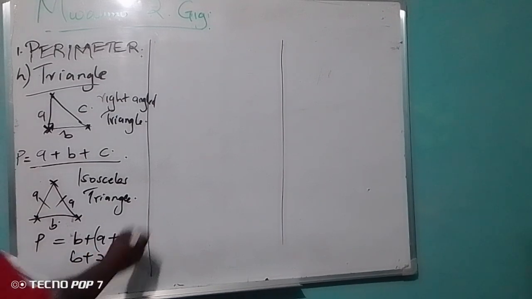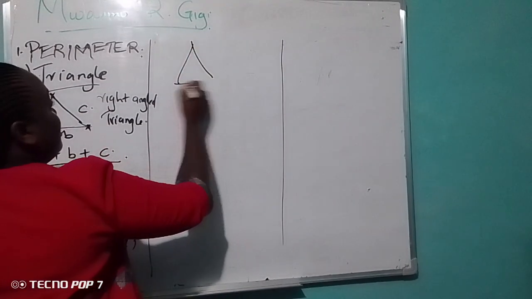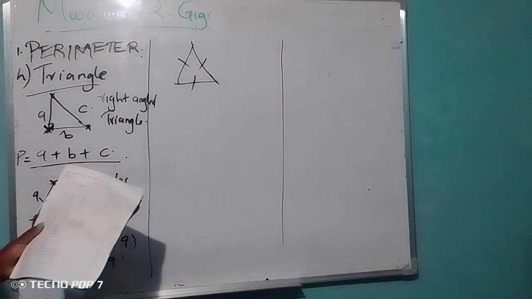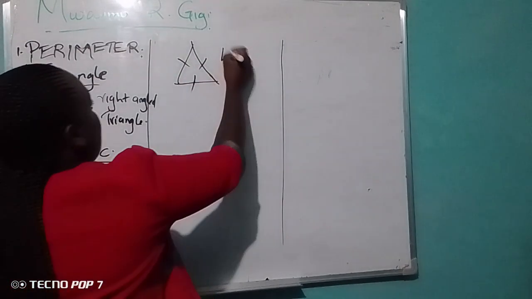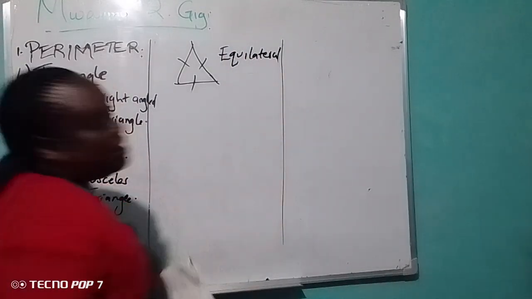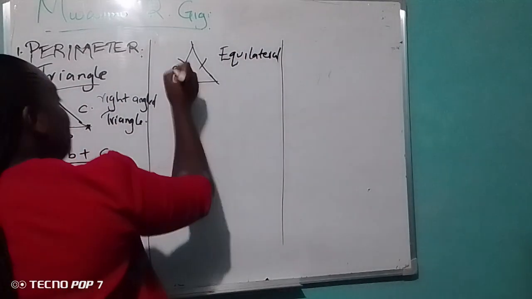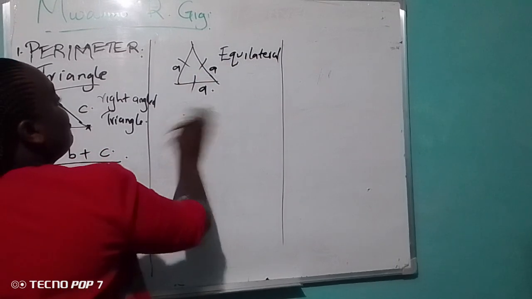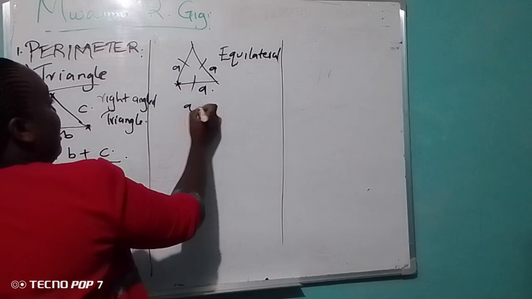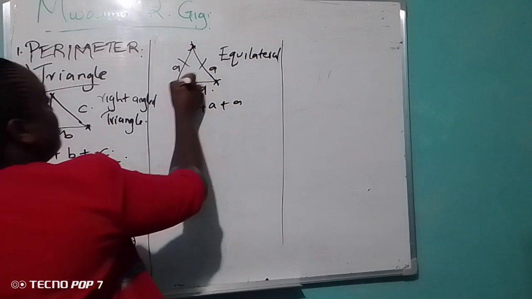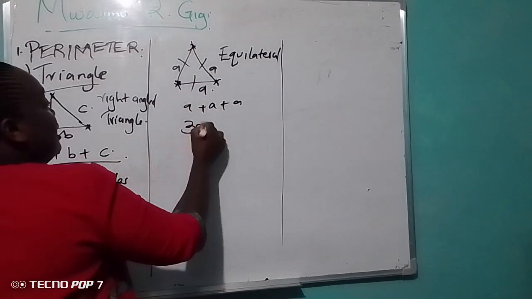Sawa sawa. And ya mwisho inaitwa equilateral. All sides are equal. So if this is A, that will be A, that will be A. So it's 3. Mtu atashangaa nimetoa wapi 3. A plus A plus A, rudi hapo. So itakuwa 3A.